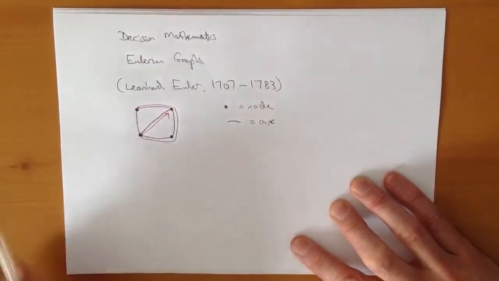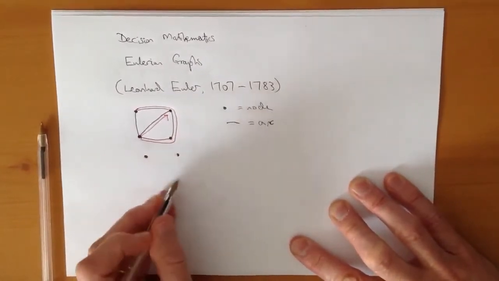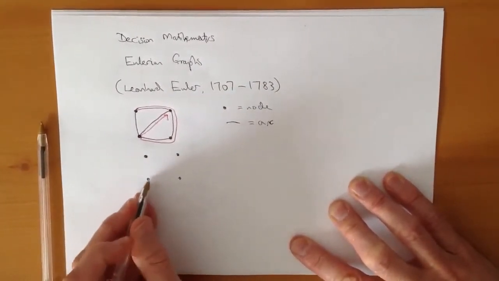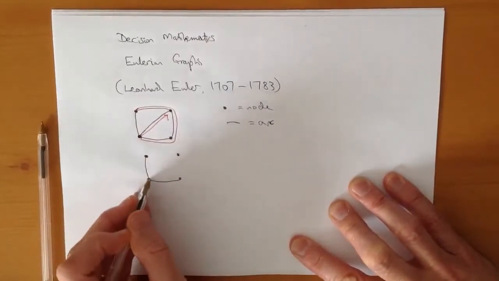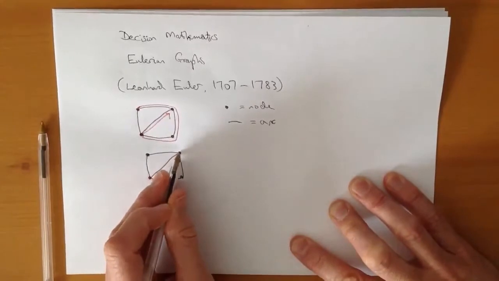You may be able to think of a way, based on the same graph, that you could go around and you could draw that without repeating yourself and without needing to take your pen off the paper.